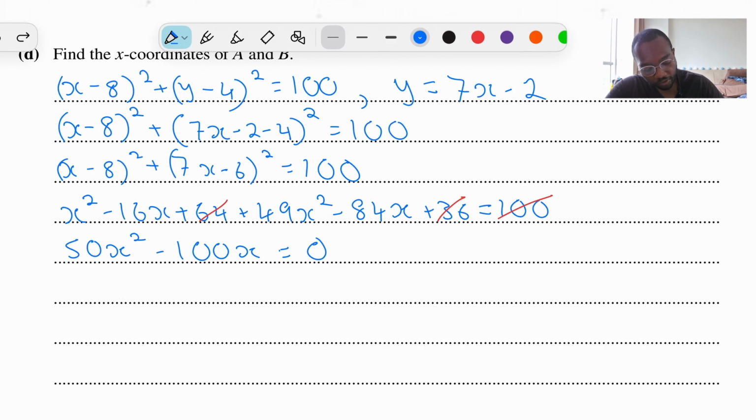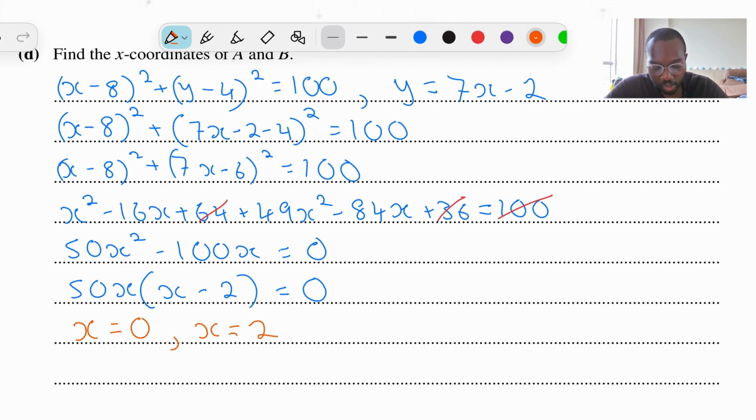Let's take out the whole of 50x, and now we're left with x minus 2 equal to 0. Therefore, we have two solutions: either x is 0, or x is equal to 2.